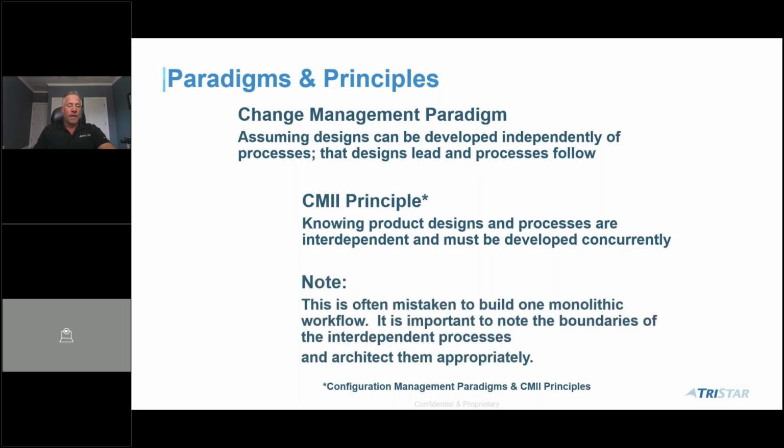And so again, this is often the mistake where a monolithic workflow, and we'll talk about this in a couple of slides, is developed, and you start intertwining a bunch of different activities like project management activities, quality validation activities inside of that process. Okay. So it's important to understand what are the boundaries of those processes. Okay. And again, we'll talk through this one in detail as well.